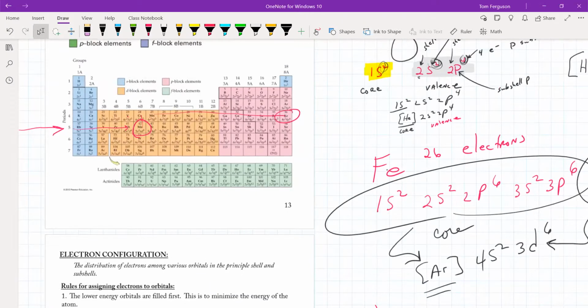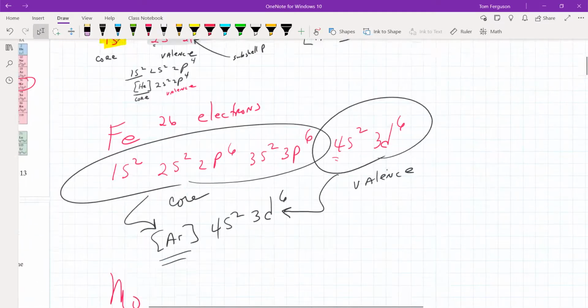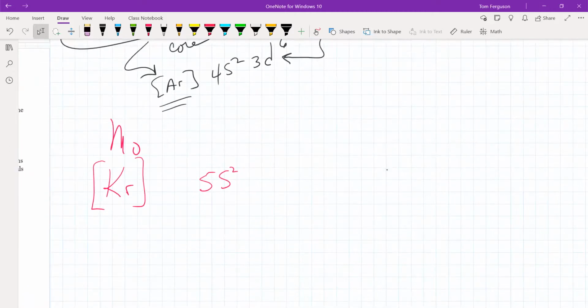It doesn't matter where you are: up a row, all the way to the right, to the end, because you want the noble gas. That's where the noble gases are located, at the very end. So we have 5s, and how far in the d's were we? We were at 4, so it's going to be 4d.